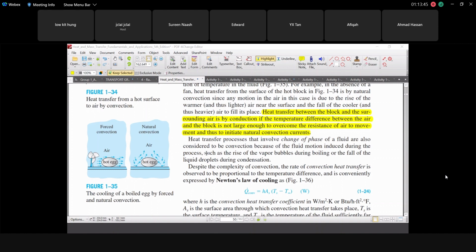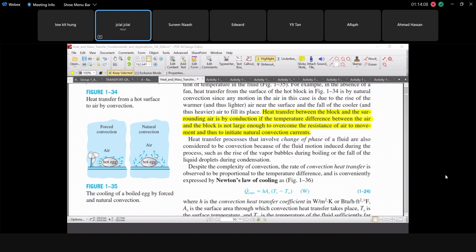Doctor, if natural convection does not happen, then only conduction happens, right? Yes. Natural convection has a condition. We know natural convection happens when there is a flow due to buoyancy effect.